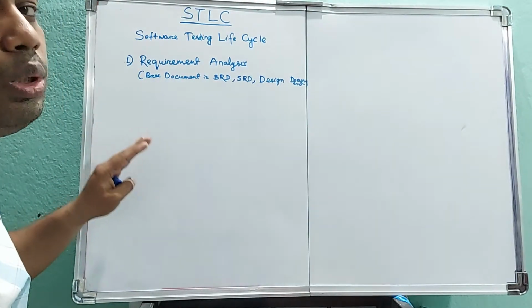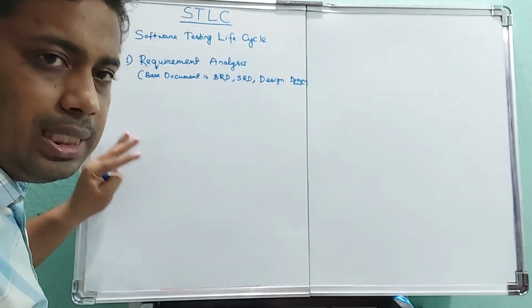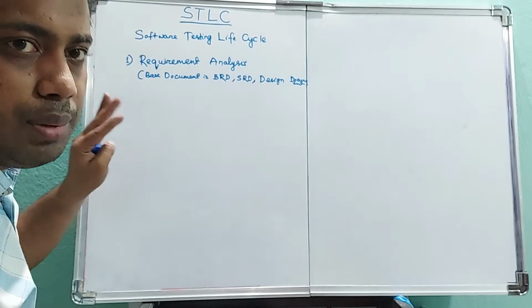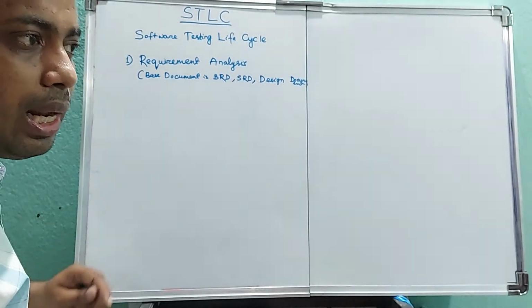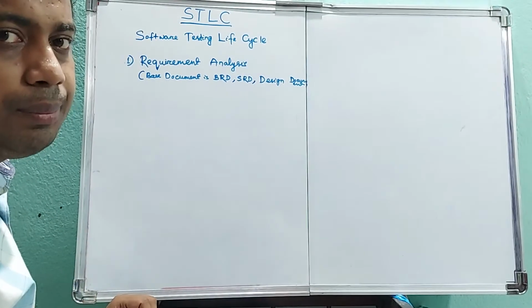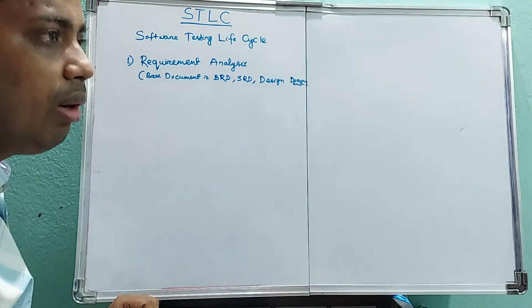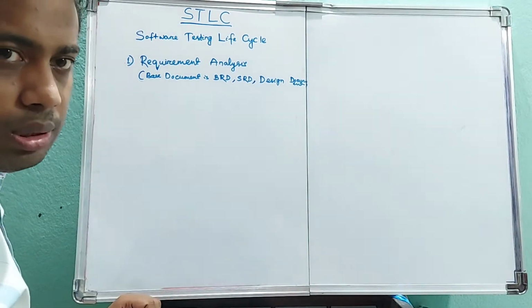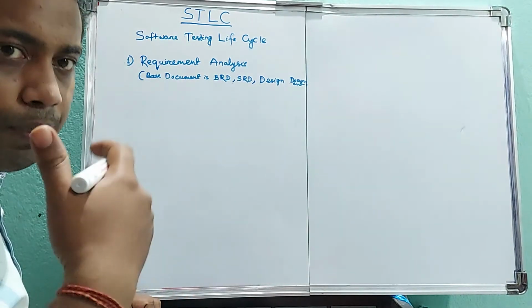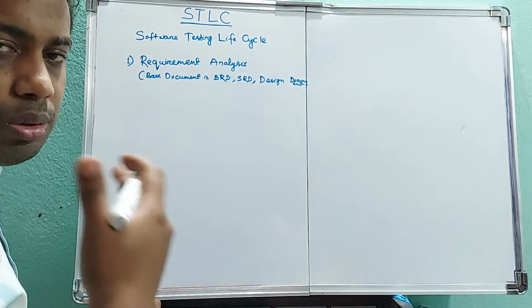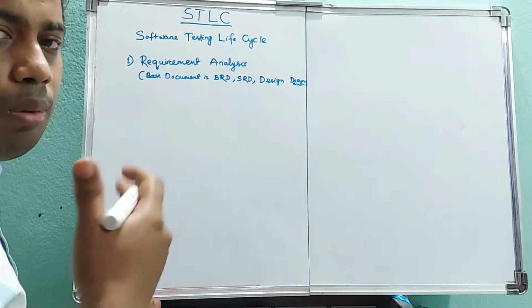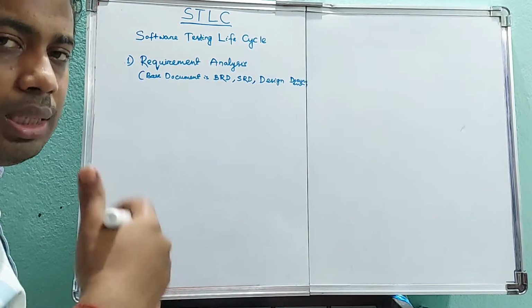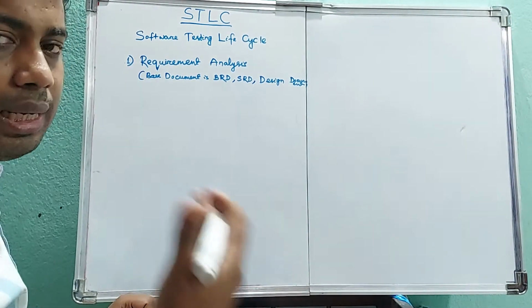That means we try to understand what the requirement of a given business is. As we have taken the example of an ATM, the different requirements of an ATM are withdrawal, deposit, PIN change, password generation, mobile number update, mini statement or balance inquiry.